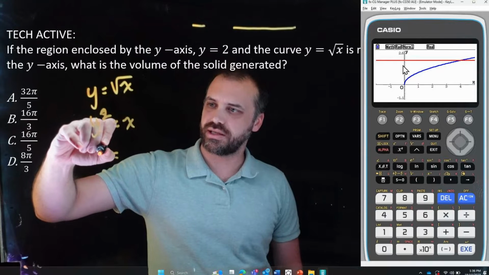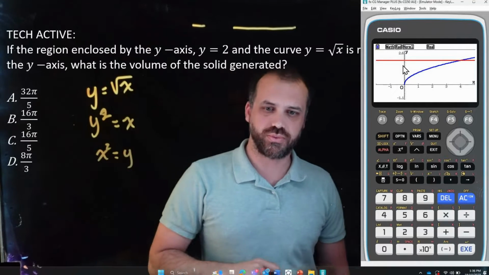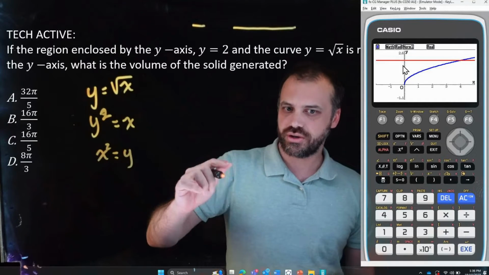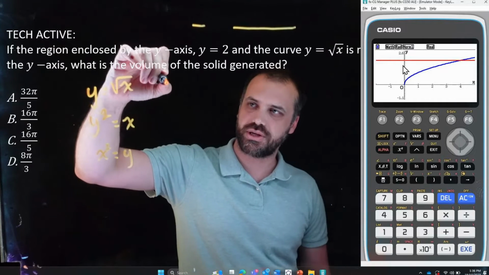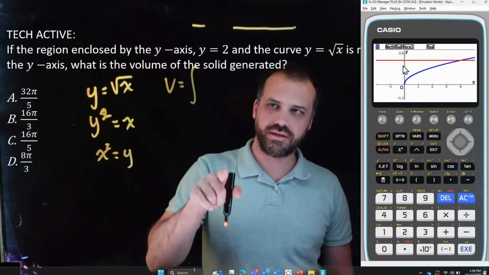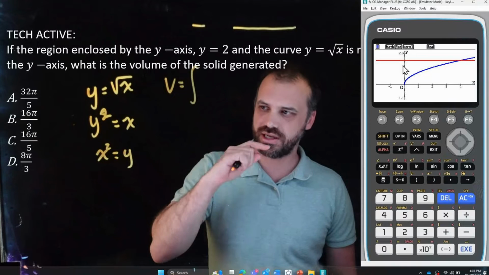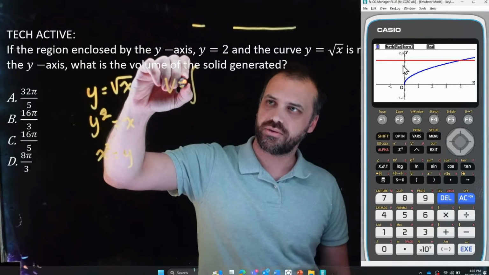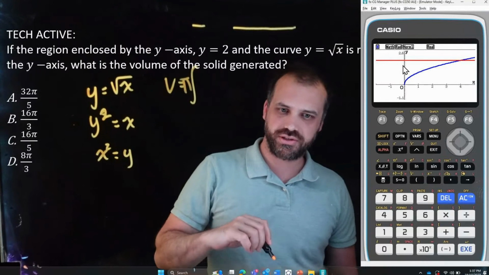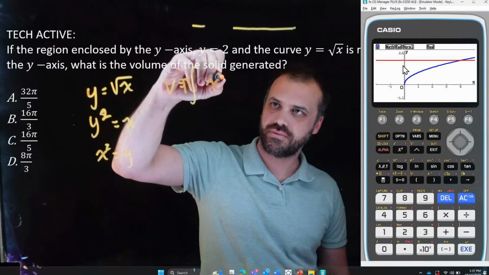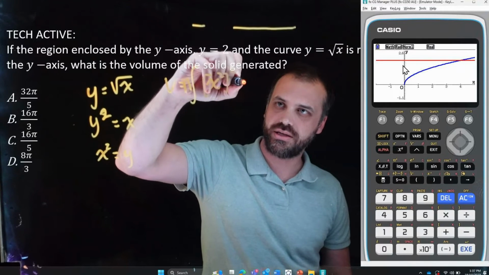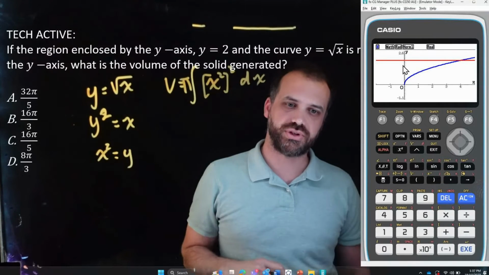So that means that x squared equals y. Okay, so the volume of the solid of revolution is going to be equal to, and I'm going to leave my terminals for a second, pi out the front, our function x squared with respect to x.